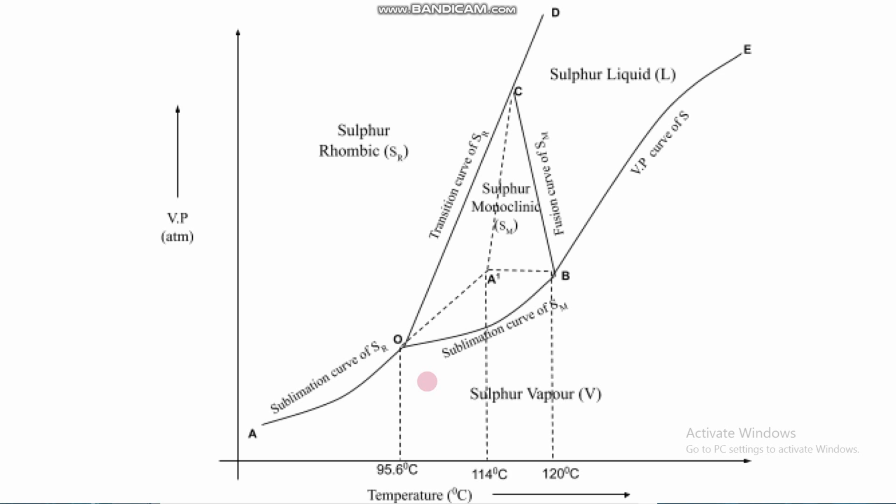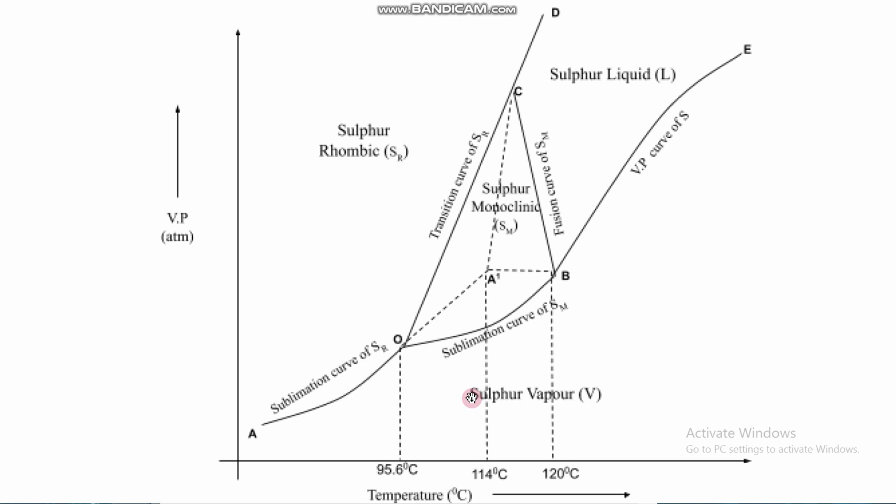And next is the triple point. The first triple point is here, this point O. At this point the curves AO, OB and OC meet. Here sulfur rhombic is in equilibrium with sulfur monoclinic, and this one is in equilibrium with sulfur vapor.